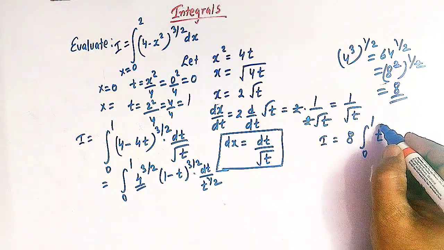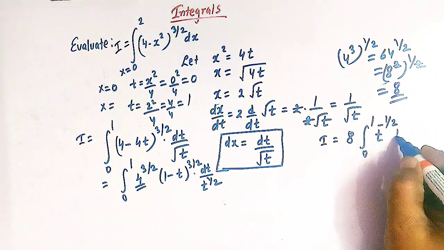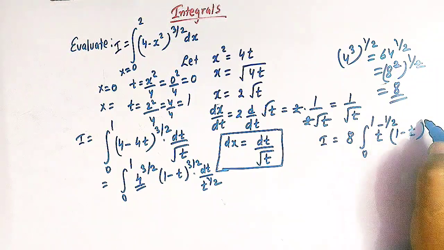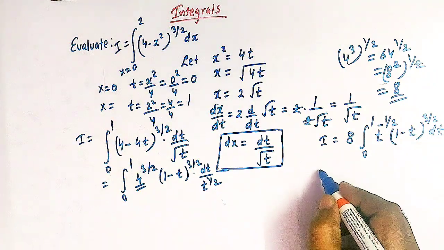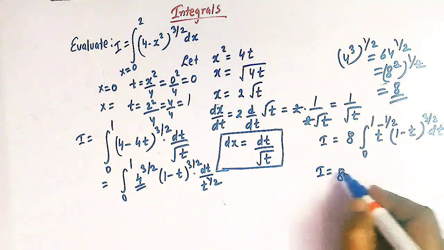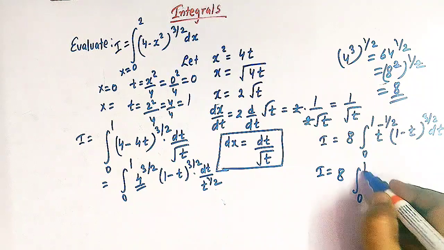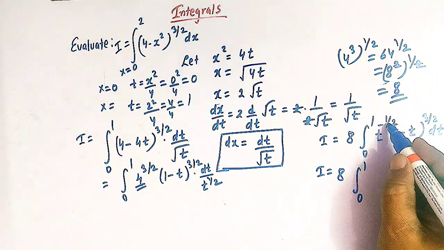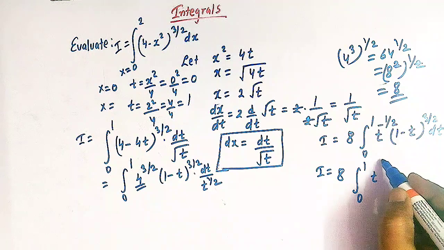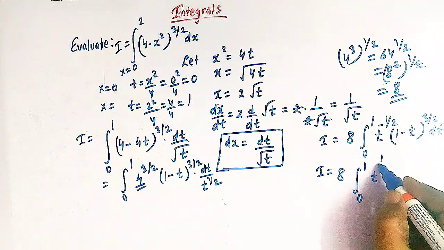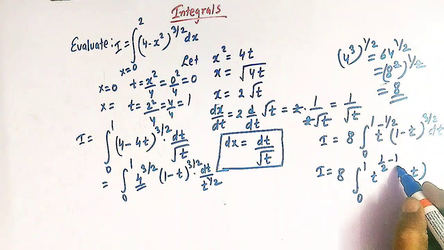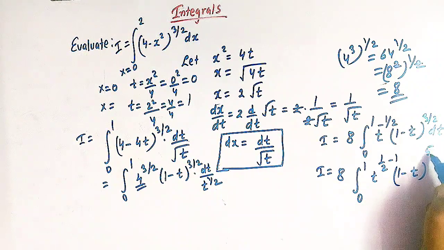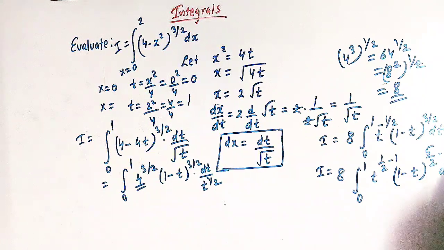So we have t raised to minus half and (1 minus t) raised to 3 by 2 dt. Now let us rewrite this integral as 0 to 1, t raised to half minus 1, and (1 minus t) raised to 5 by 2 minus 1, dt.